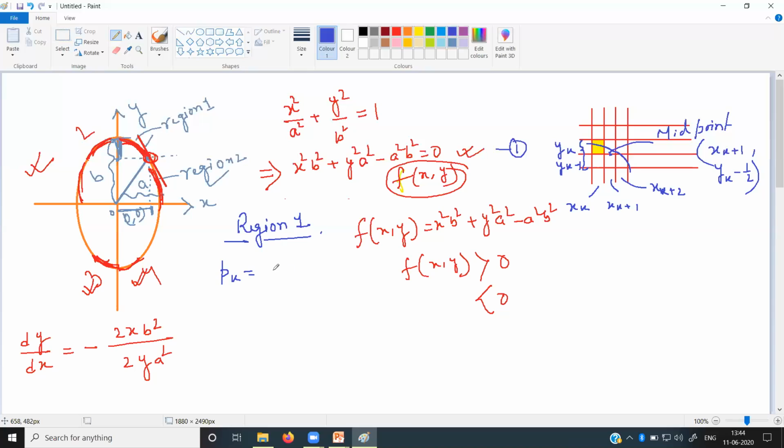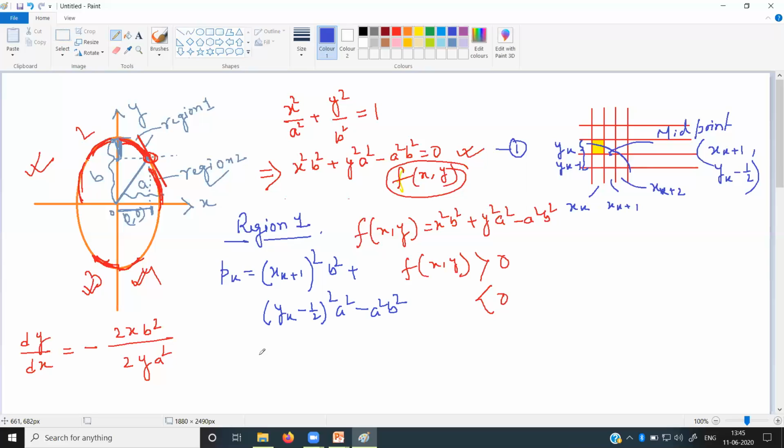Now how to find the pk? We will put this midpoint on equation 1. So if I put the midpoint on equation 1, what will I get? I will get xk plus 1 whole square b square plus y square, where y is yk minus half, whole square, a square, minus a square b square.